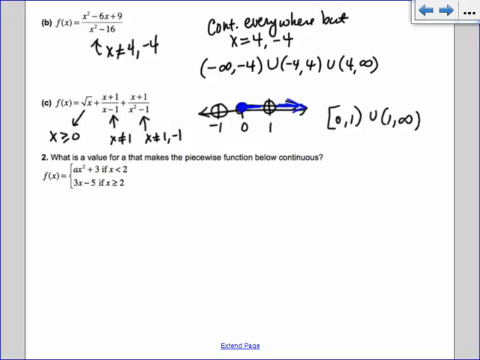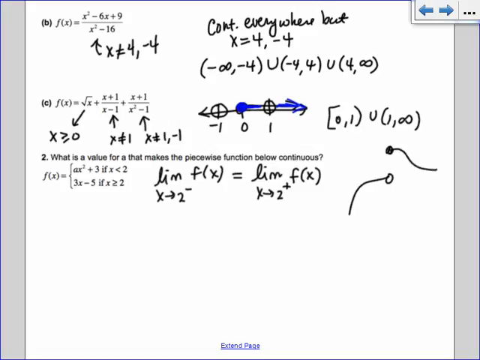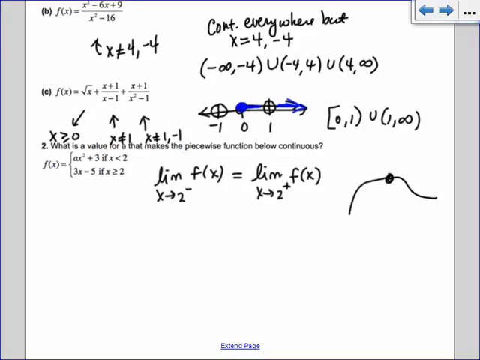So in this case, we actually have the limit as x goes to 2 from the left. We want it to equal the limit as x goes to 2 from the right, right? Because we want for this not to be a piecewise function where there's a jump discontinuity. We want for this part, the second part, to be right there and fill in the other part. Does that make sense? We don't want them to be separate.